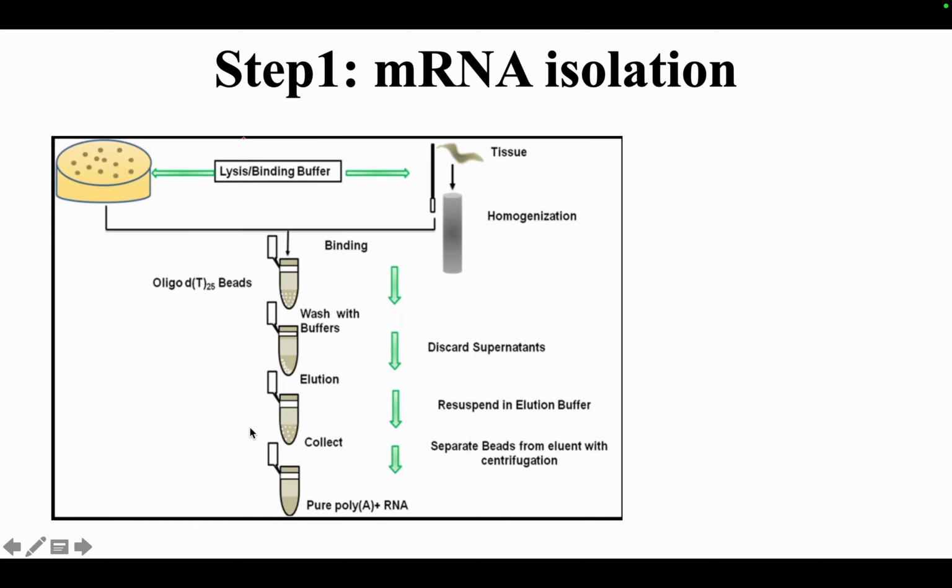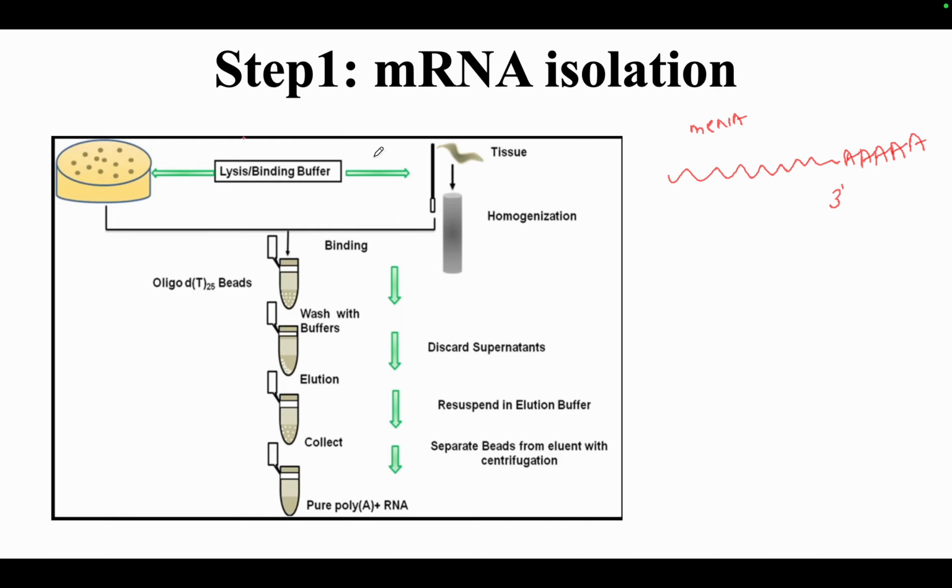So step 1 here is mRNA isolation. Again it follows the same steps. mRNA has a unique structure: it has a poly A tail at the 3' end. This poly A tail can be used for isolating this RNA.